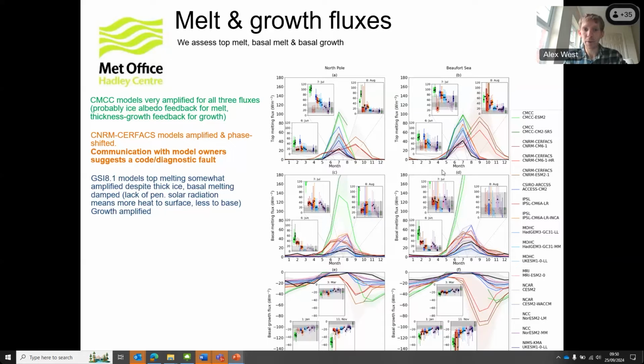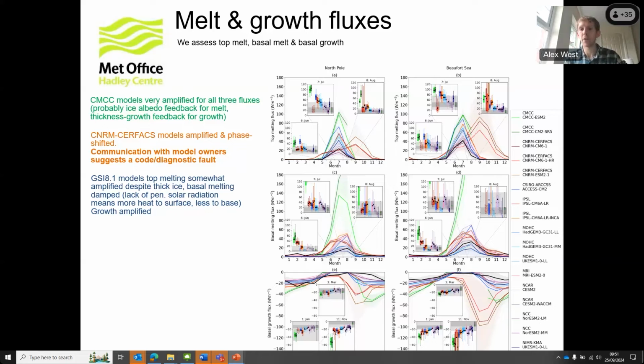The GSA 8.1 models, these are the blue ones. These are quite interesting as well because the top melting is quite amplified. It's a lot bigger than we see in the buoys, despite these models having quite thick ice, being quite cold. But this isn't so much the case for the basal melting. It's a lot closer to the ice mass balance buoys here. And again, this is consistent with these being the only models that don't allow sunlight to penetrate into the ice.